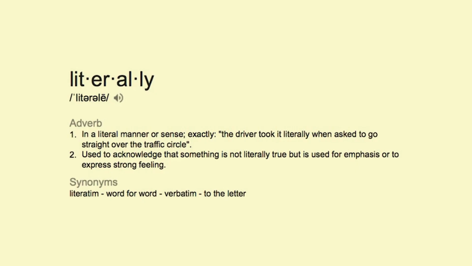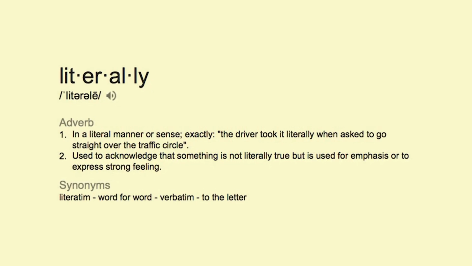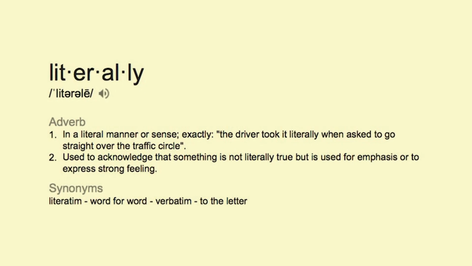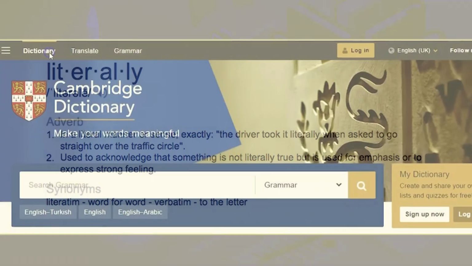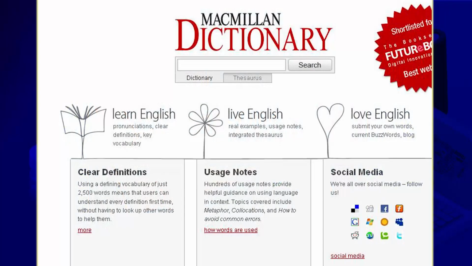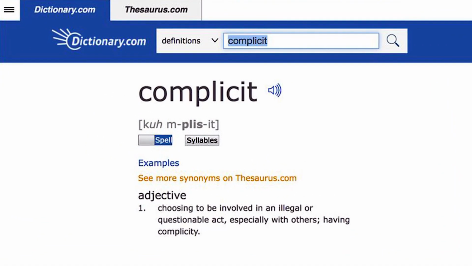Today, a student can easily access millions of word definitions, spellings and pronunciations, example sentences and word origins free from publishers like Cambridge, Oxford, Macmillan, as well as websites like dictionary.com.